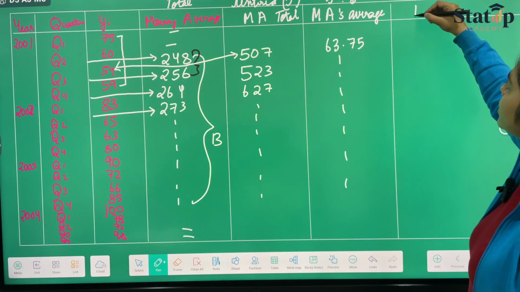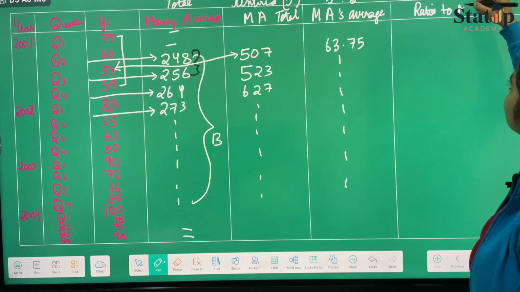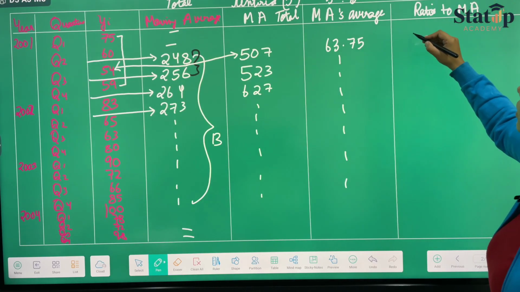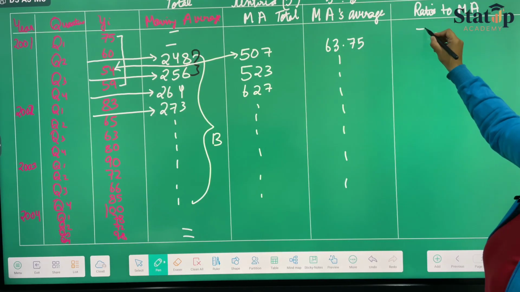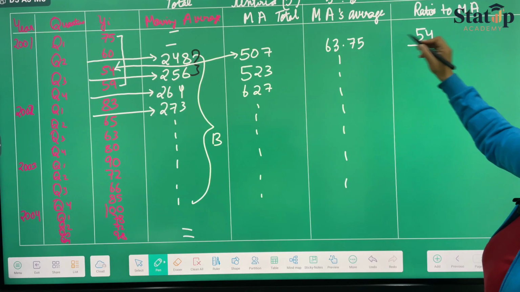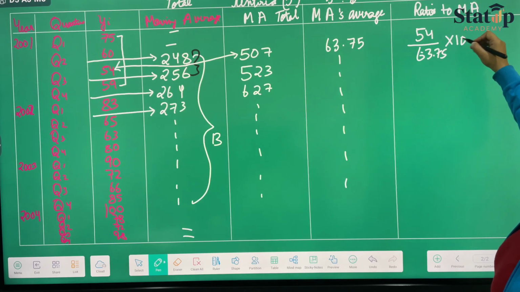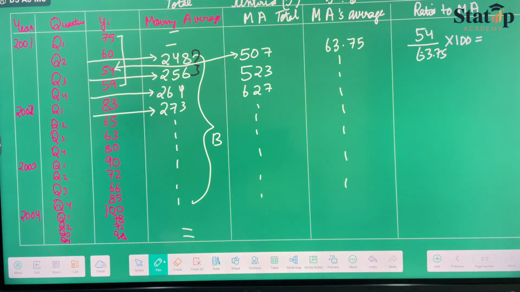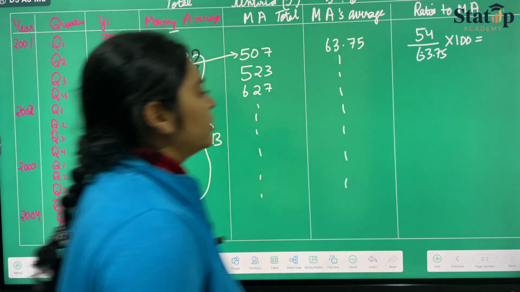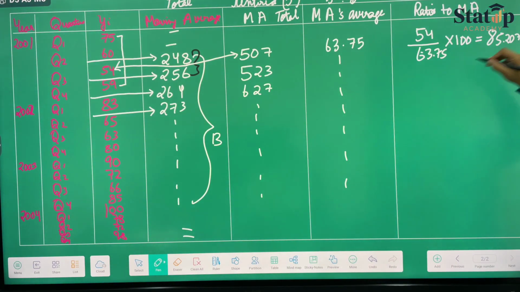So for the ratio to moving average method, we'll take the original value, which is 54, and we'll divide it by this moving average value 63.75, and we'll represent it as a percentage of it. So the answer that will come would be 85.207, and the rest of the values you can calculate.